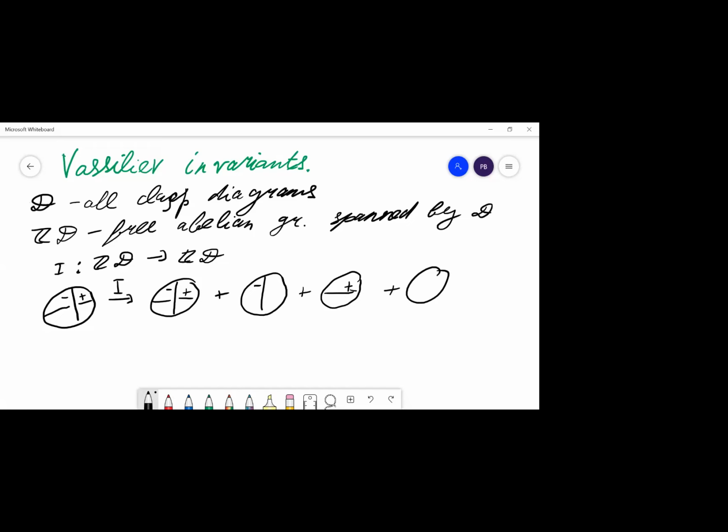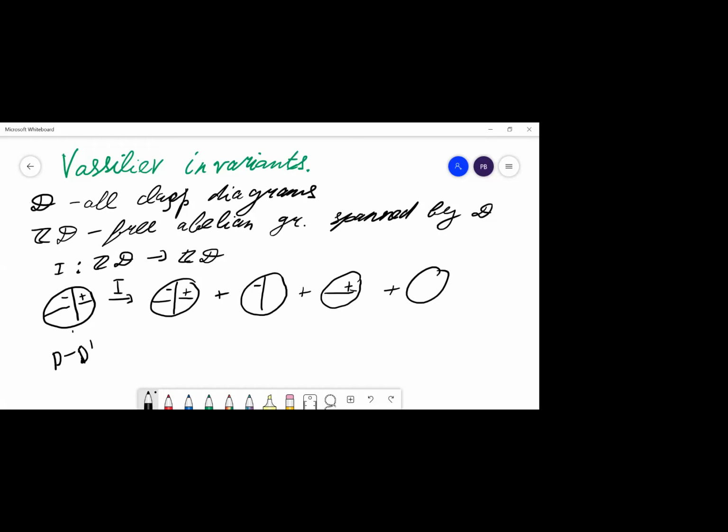So, we assume that we know the theorem that we didn't prove, that any two clasp diagrams giving rise to isotopic knots are related by a finite sequence of the 5 moves that we defined. And we can consider differences of pairs of diagrams, D minus D prime, where D and D prime are related by a finite sequence of moves from these 5 moves.